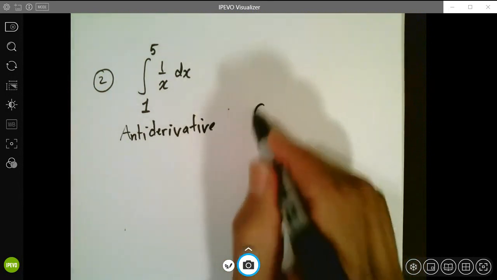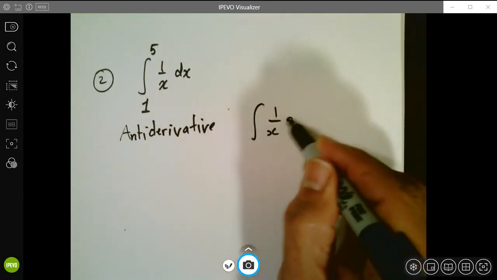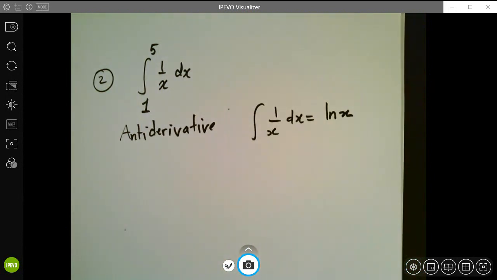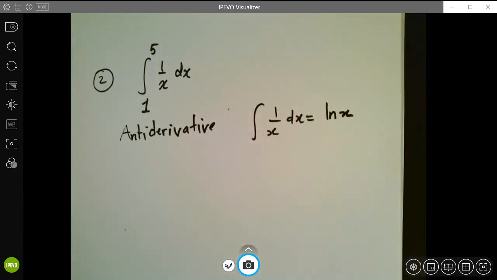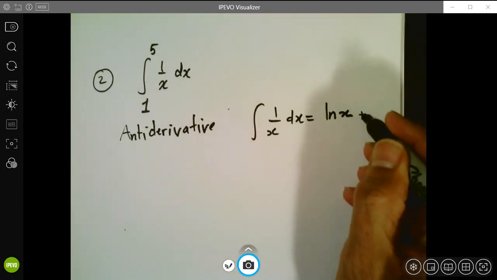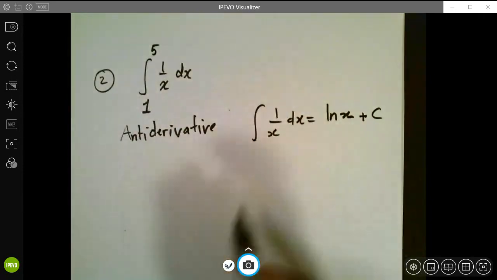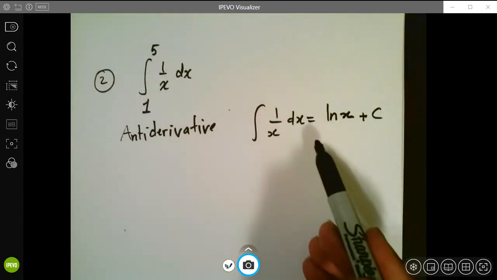You can just compute this one, which is logarithm. I'm going to assume x is positive here, so we don't have to worry about the absolute value. Now this is surface area under the curve, the same as the integral.